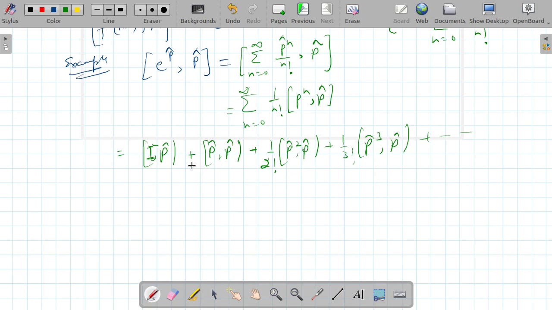As I know that identity is a constant, its commutator is 0. The others are also 0, and all will be 0, as we know from the earlier discussion.